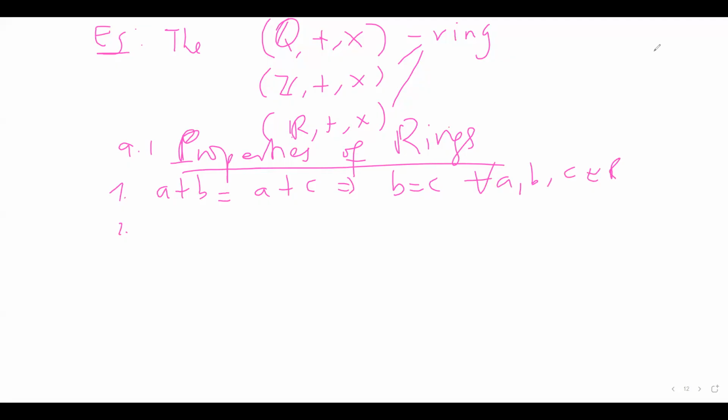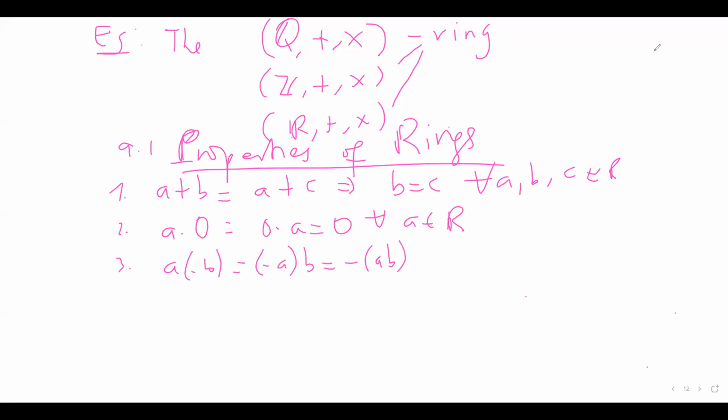Two, if we have A times 0, and then we have 0 times A, which is equal to 0 for all A in R. 3, we have A times minus B, which is equal to minus A times B, which is equal to minus AB for all A, B in R.